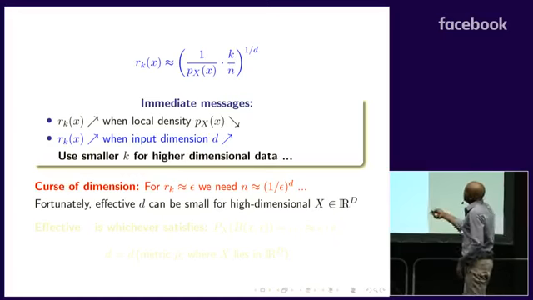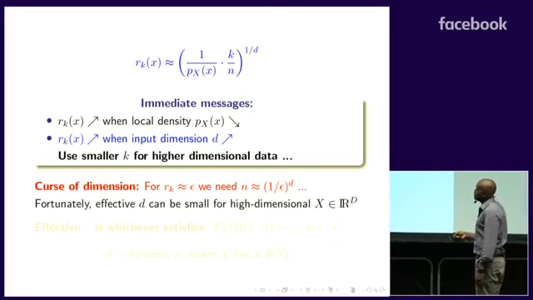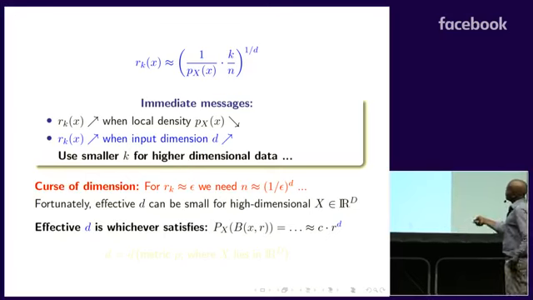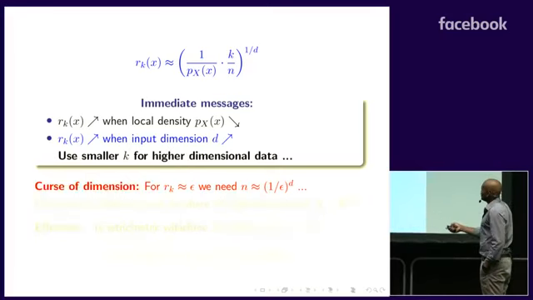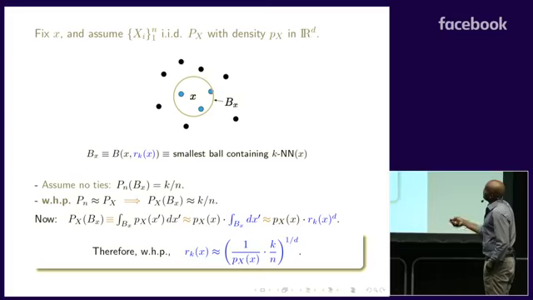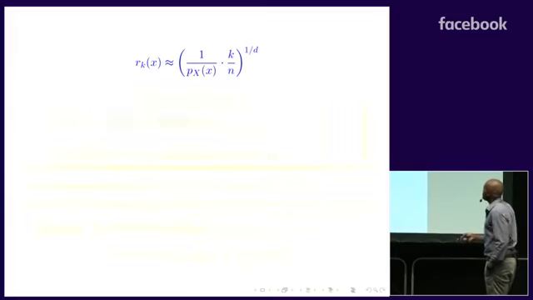Why? Because in order to obtain this equation, if I go back a little bit, we went through this computation, this argument. The argument really boiled down to p_x(B(x)) being approximately r_k(x)^d.